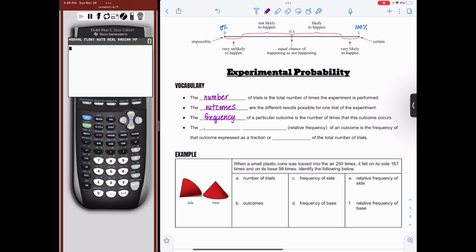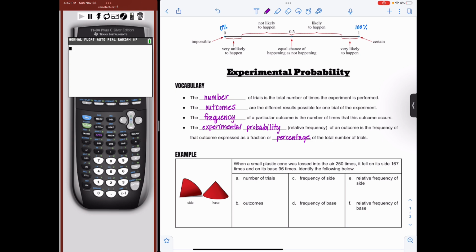And then we have the experimental probability, which in other words is the relative frequency. That's the same thing as saying the relative frequency of an outcome is the frequency of that outcome expressed as a fraction or percentage of the total number of trials.